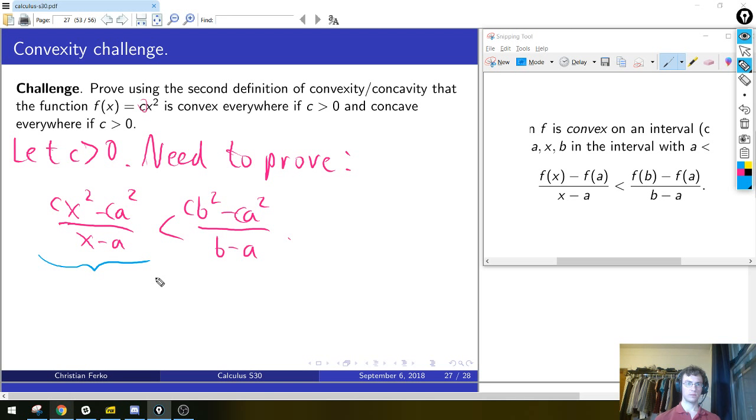Could we factor x minus a out of the top on the left side? Yeah, so what's left in the numerator when I factor out x minus a? What's the second piece?